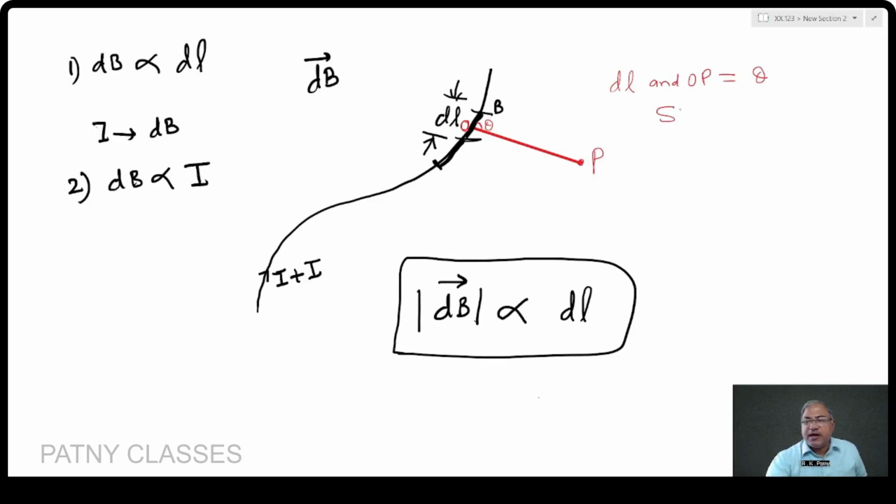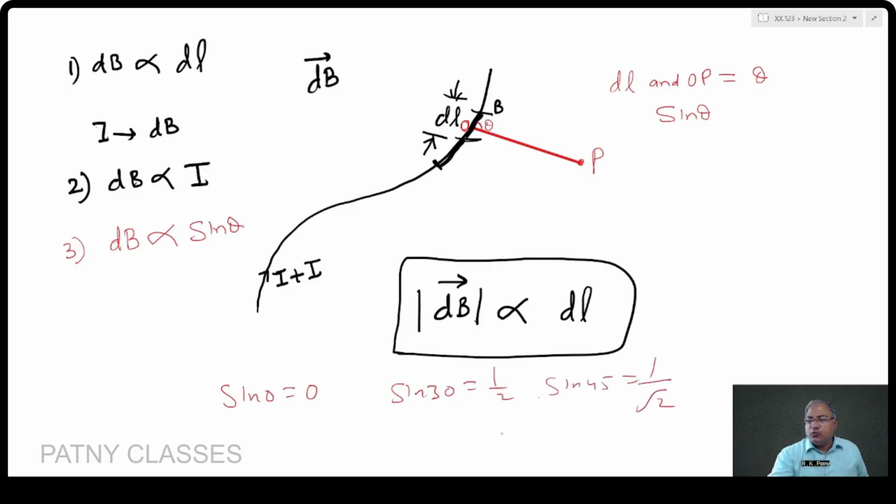That we take the sine theta here. So, according to Biot Savart law, the value of magnetic induction at the point P will depend upon theta, that is, directly proportional to sine theta, because sine 0 equals 0, sine 30 equals 1 by 2, sine 45 equals 1 upon root 2, and sine 90 equals 1.